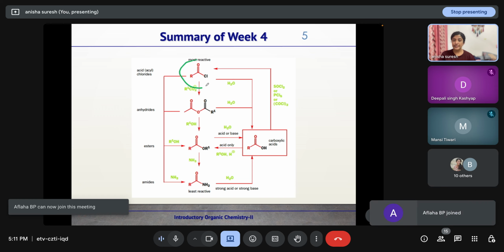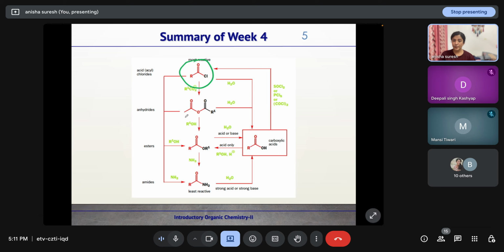If acid chlorides react with R1CO2 minus, they form anhydrides. If these anhydrides react with alcohols, they form esters, and if they react with ammonia, they form amides.